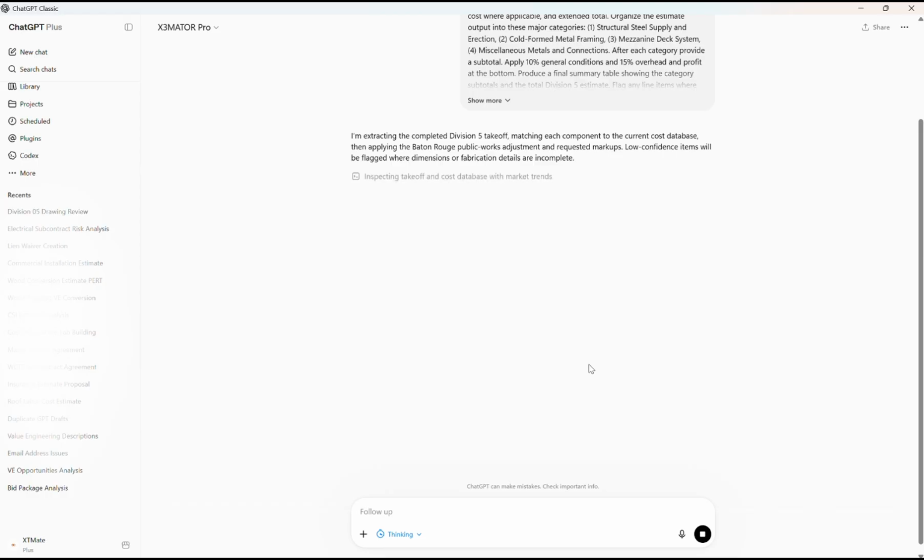X3MATOR also produced a list of every questionable line item it found, and the reason behind these items being questionable. For example, joists waiting pending the engineer's schedule, the gauge of cold form metal awaiting a delegated design, and stairs awaiting shop drawings.